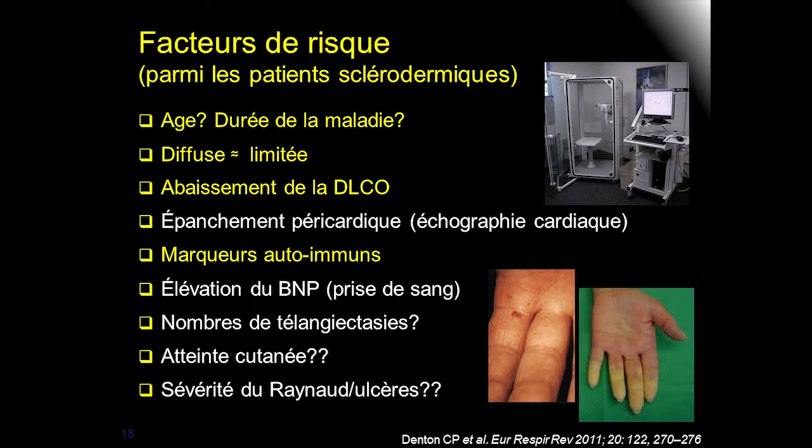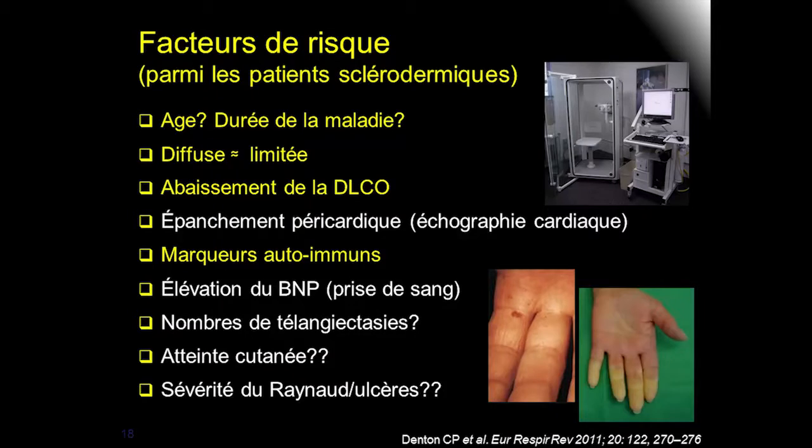We know that on average it affects scleroderma patients who are a little bit older versus those who don't have PAH. Generally speaking, we're talking about people who've had scleroderma for many years. But even if scleroderma is a recent diagnosis, there is no certainty that you will or will not develop PAH in the short term.